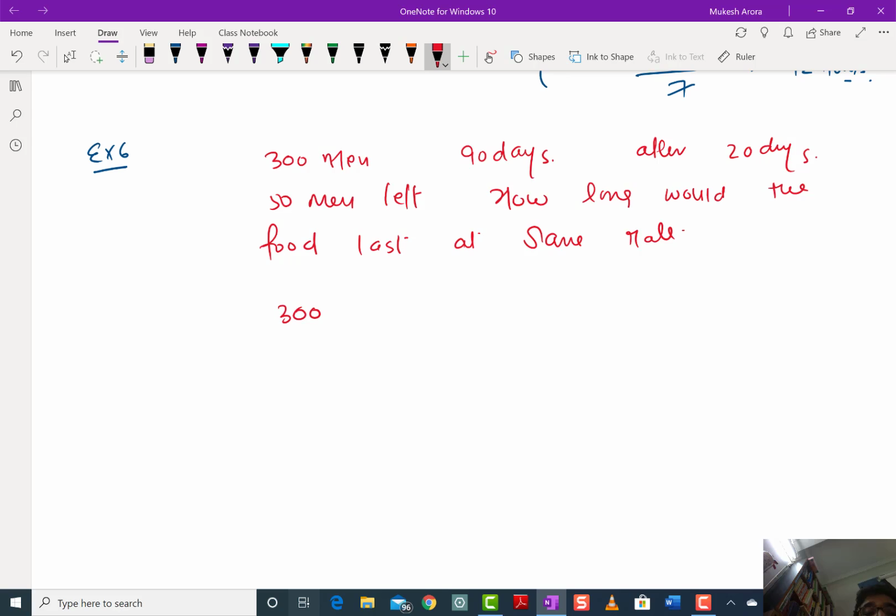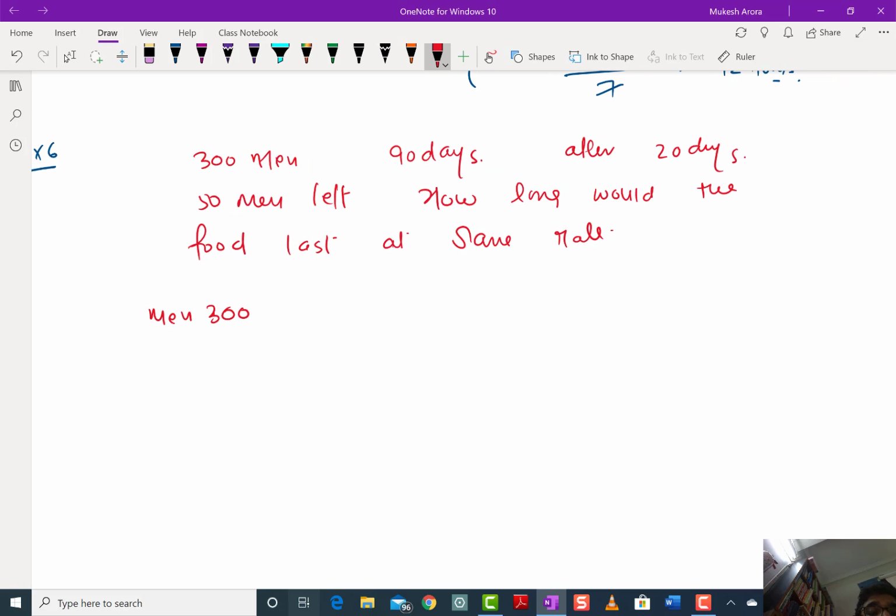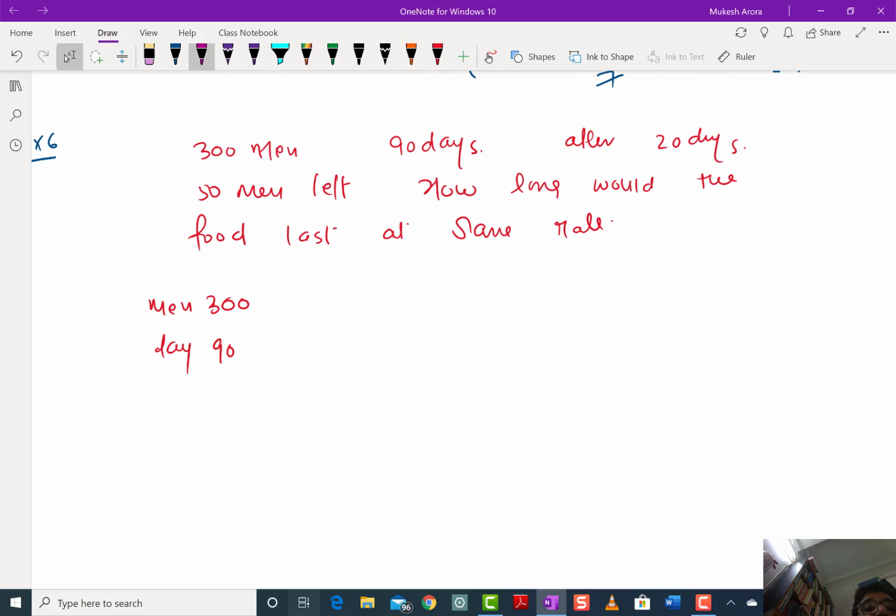Earlier they were 30 men and food was to last for 90 days. But after 20 days, there are 30 men and food will last for 70 days. Now 5 men left, so 25 and x.